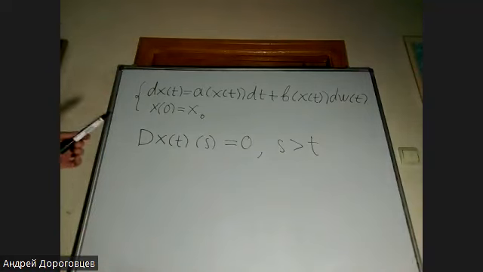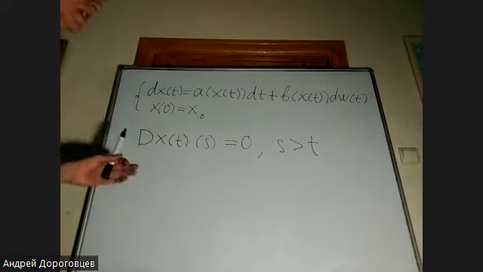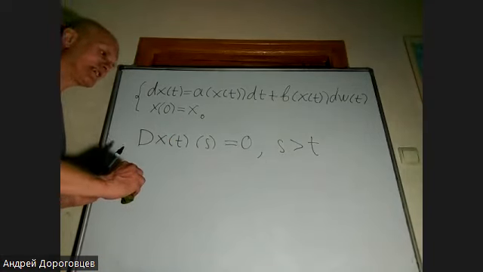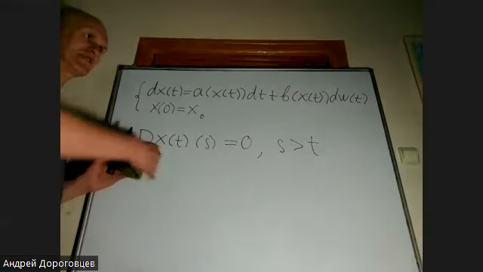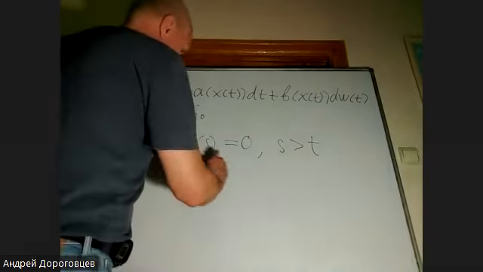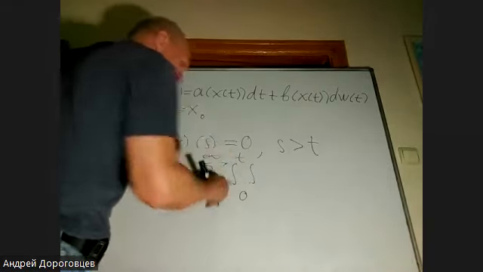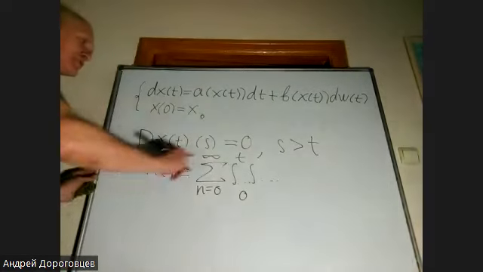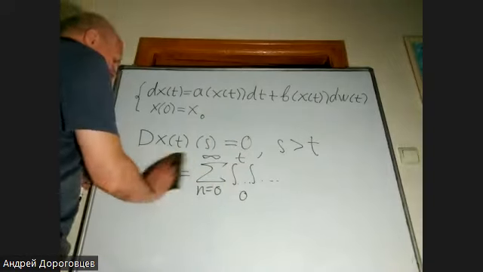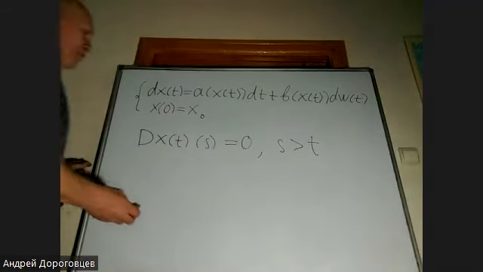Maybe you remember when we discussed this, that if we have a random variable which is measurable with respect to the sigma field Ft generated by the Wiener process, then its Ito-Wiener expansion has kernels which are equal to 0 after t. So xt has an Ito-Wiener expansion, the sum from n equals 0 to infinity, where here is a multiple integral from 0 to t, not to 1. Due to this, we understand that if s is greater than t, then this stochastic derivative is equal to 0. Now let's try to get the equation for the stochastic derivative of our solution.